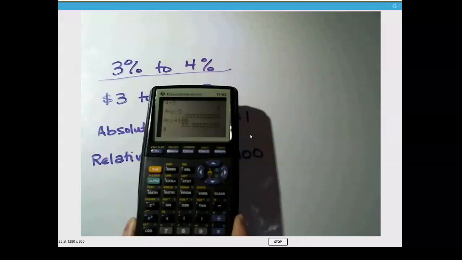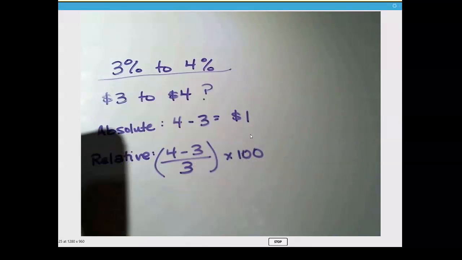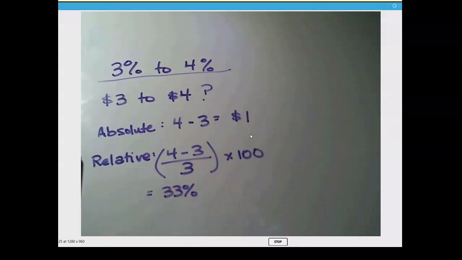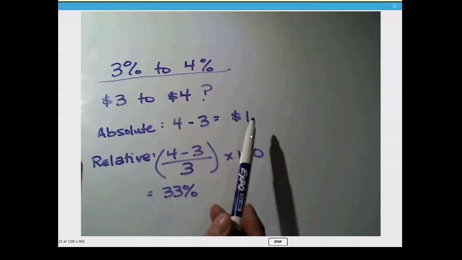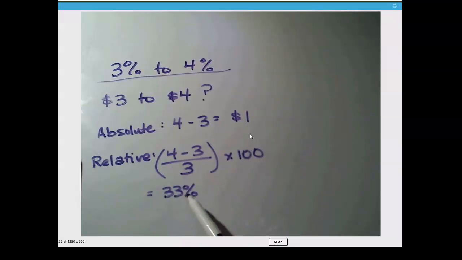That looks a little blurry, but here's what I got. 33.3 repeating. All right, so since we use the same numbers, we know that the absolute answer will be a 1 and the relative answer will be 33.